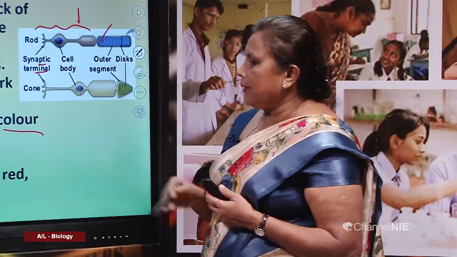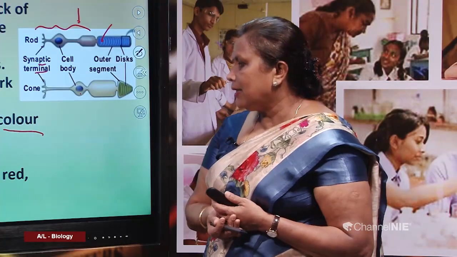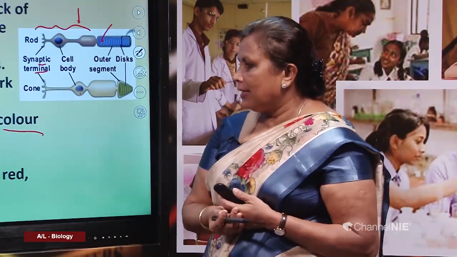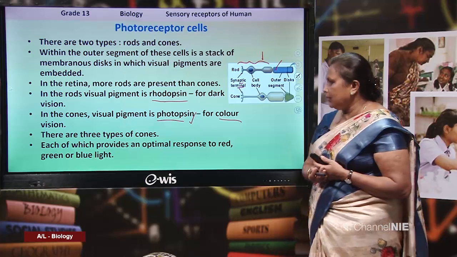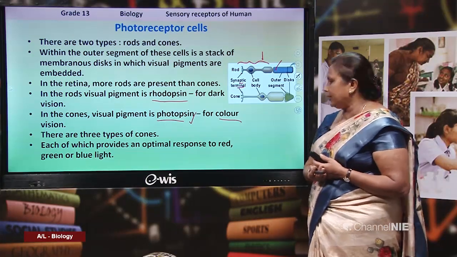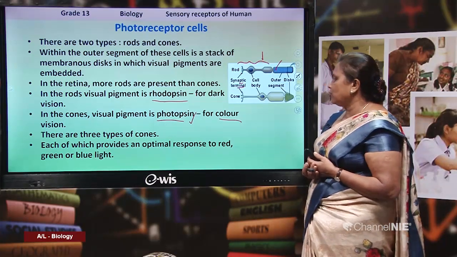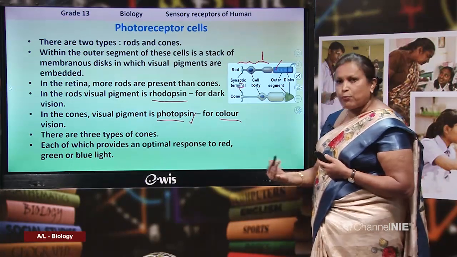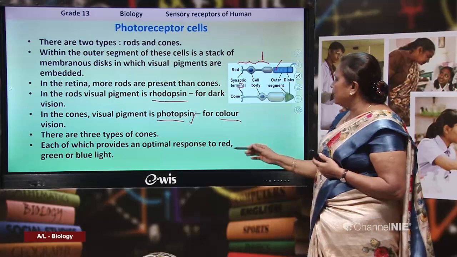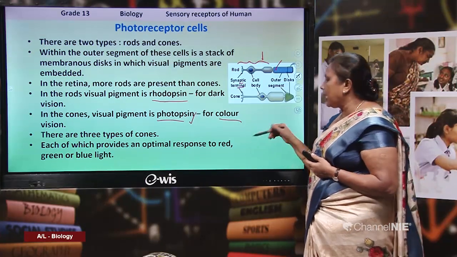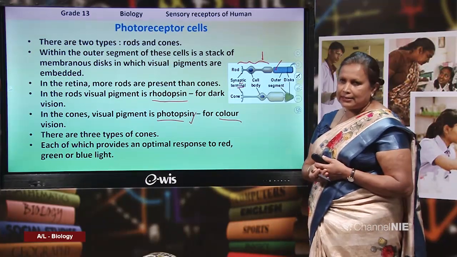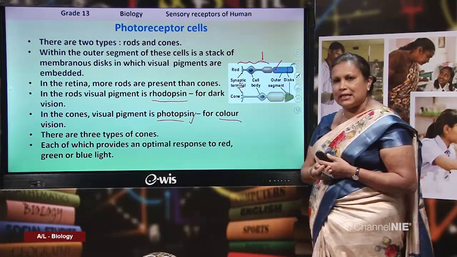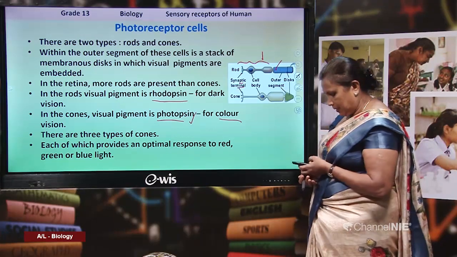There are three types of cones related to three basic colors: red cones, green cones, and blue light absorbing cones, which give the optimal response when they absorb that particular type of light rays and wavelengths. That is how the photoreceptor cells get activated.